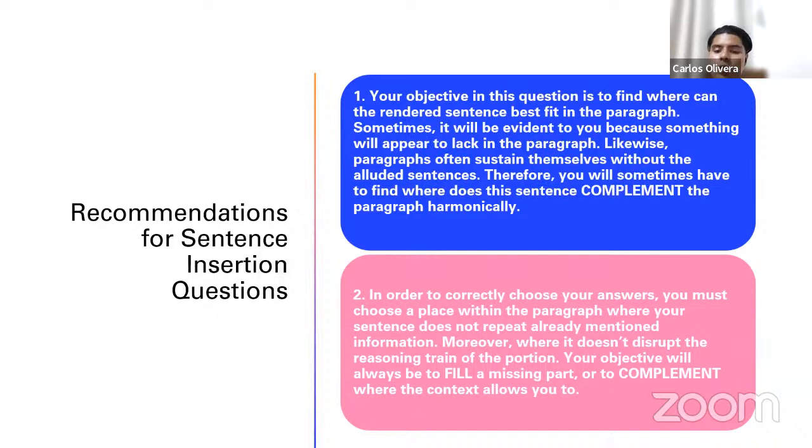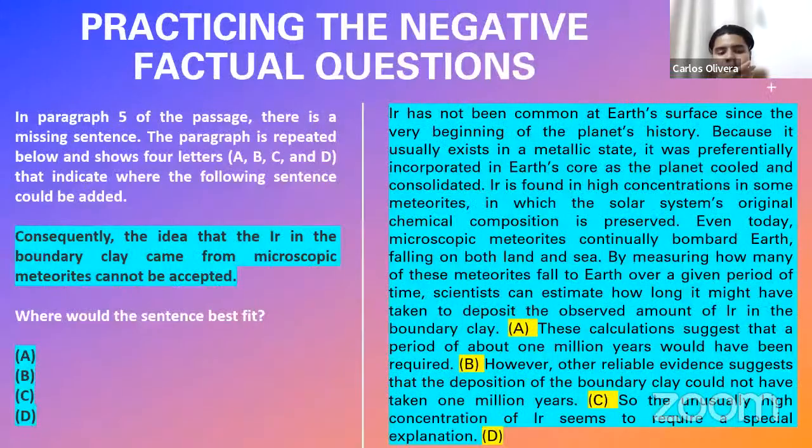So in order to correctly choose your answers, you must choose a place within the paragraph where your sentence does not repeat already mentioned information, by the way. Moreover, where it doesn't disrupt the reasoning train of the portion. Your objective will always be to fill a missing part or to complement where the context allows you to, just as I said, okay?